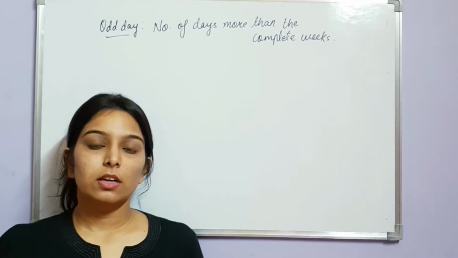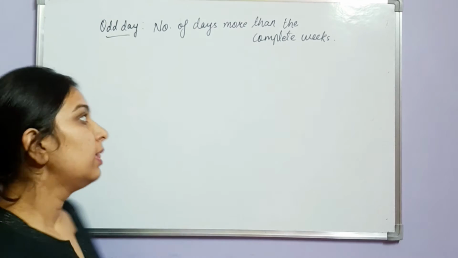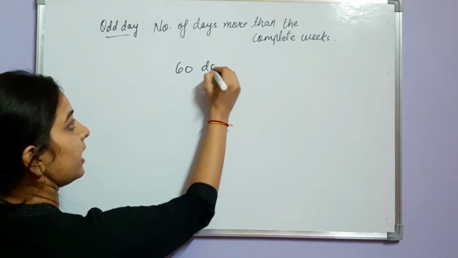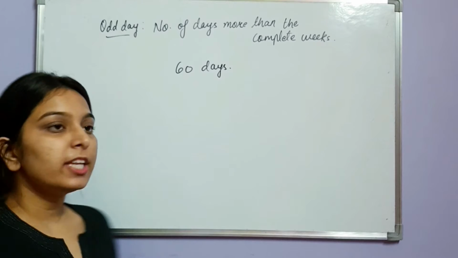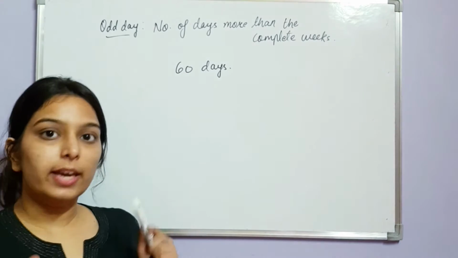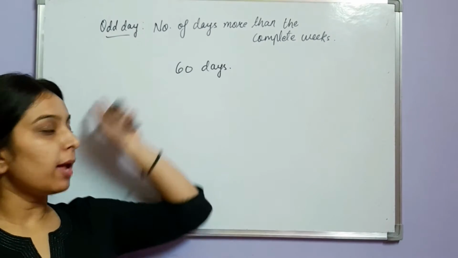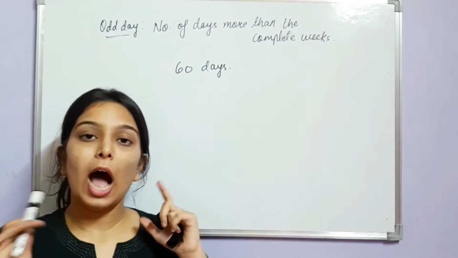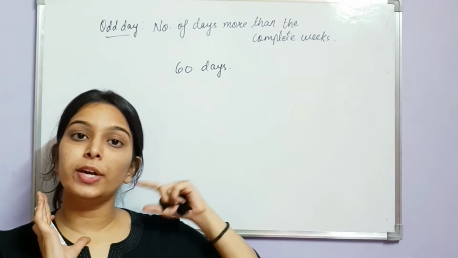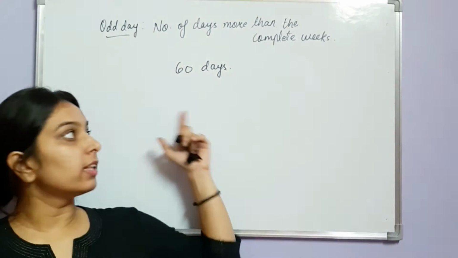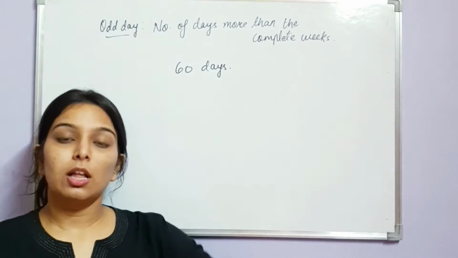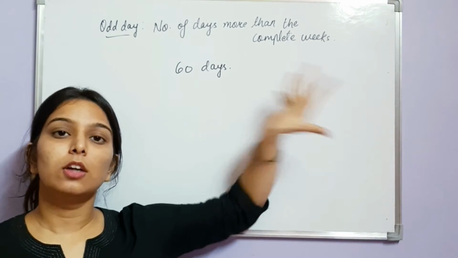So now let's consider one more example. Let us see that out of 60 days, how many odd days we can have. So again, out of 60 days, we have to find out how many days are first of all going to make weeks and then how many days are left. The number of days left will be the odd days.